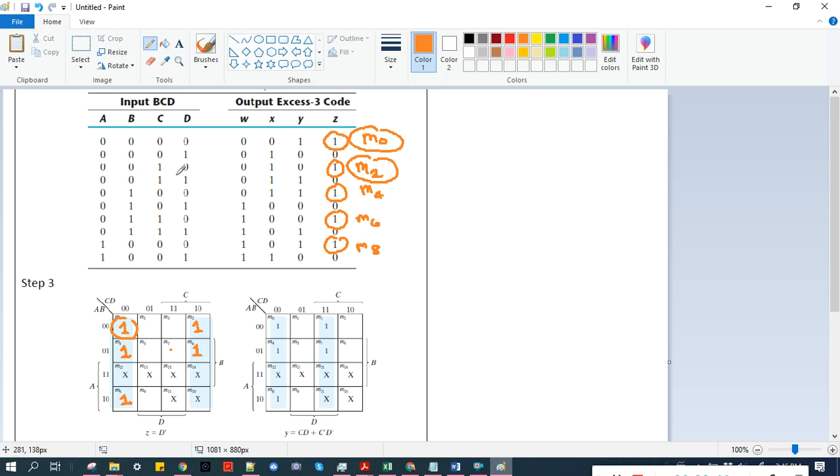Actually here we should have continued up to 1, 1, 1, 1. But it did not include it because BCD has no such input. BCD is 4 bits, it should be from 0 to 9 only to represent decimal numbers.